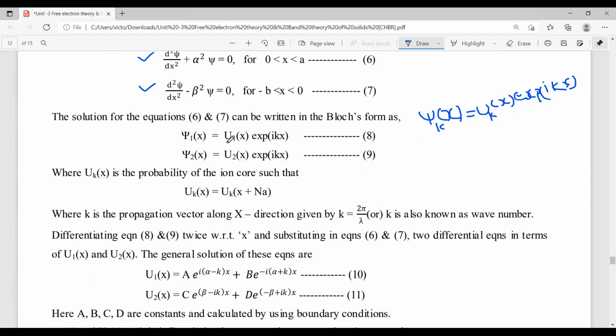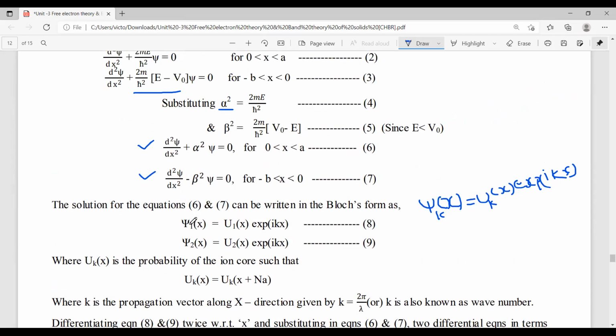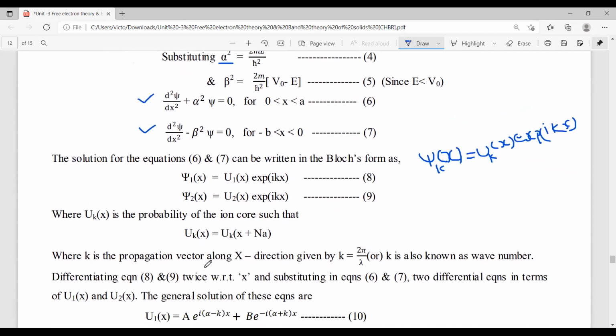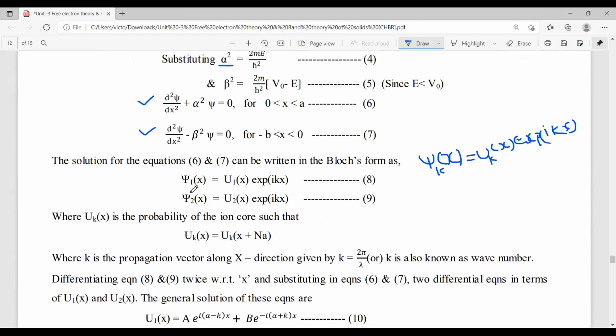Now these equations 8 and 9 are both differentiated with respect to x two times, and these expressions are substituted here. We get the equations in the form of u1 and u2.